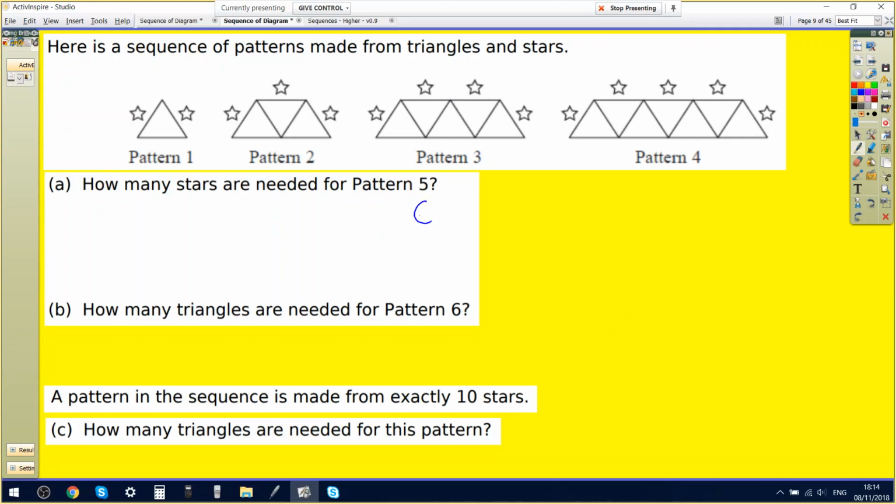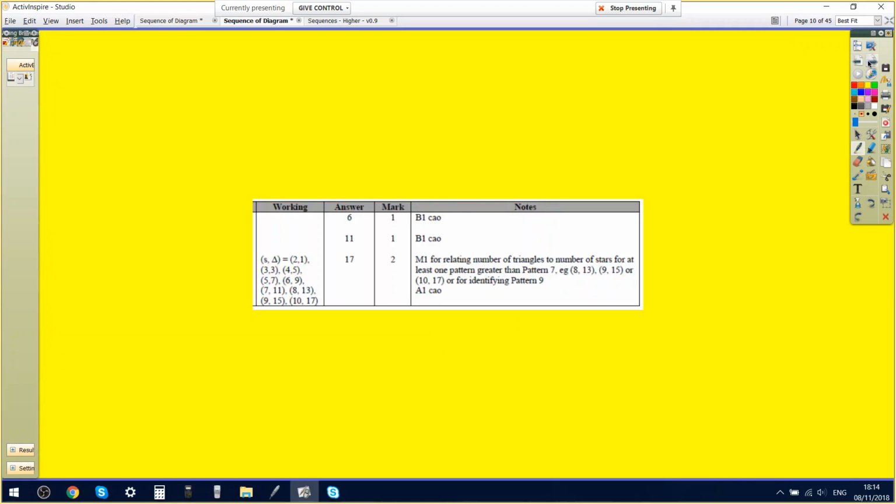Yep, I think so. Okay, how about this one? 11 for question B. Yeah. Any idea about this one? 14 for C. 14. Nope.